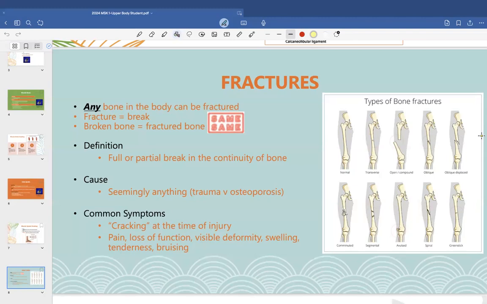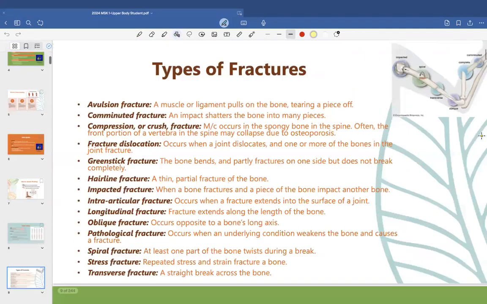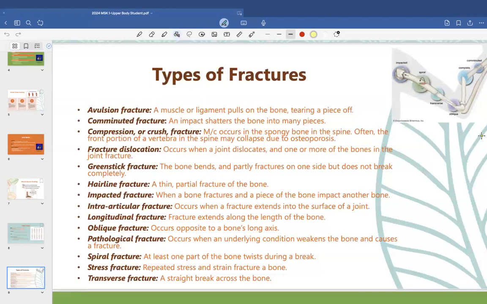If you prefer to see it in words instead of pictures, here you go. I'm not going to get into the nitty-gritty details of this. Generally speaking, I do need you to know basically open versus closed, and that you can follow the line and understand generally what we're talking about.